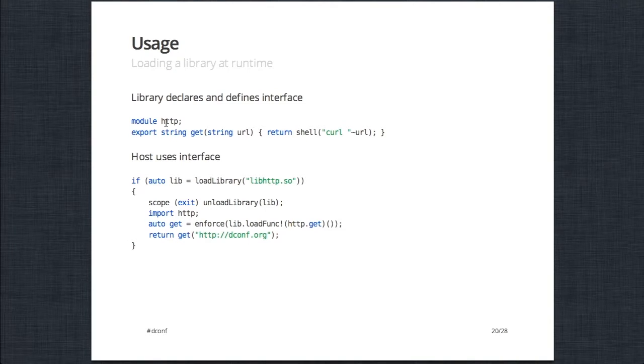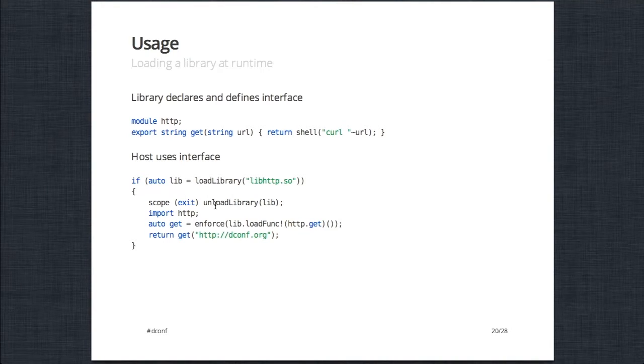The library has to export a module, or it can just define a module and create a header file out of it. And yeah, here's a very short implementation of HTTP GET, and then the host may use the library. It loads it. It might want to check if it's actually available and if the loading succeeds.